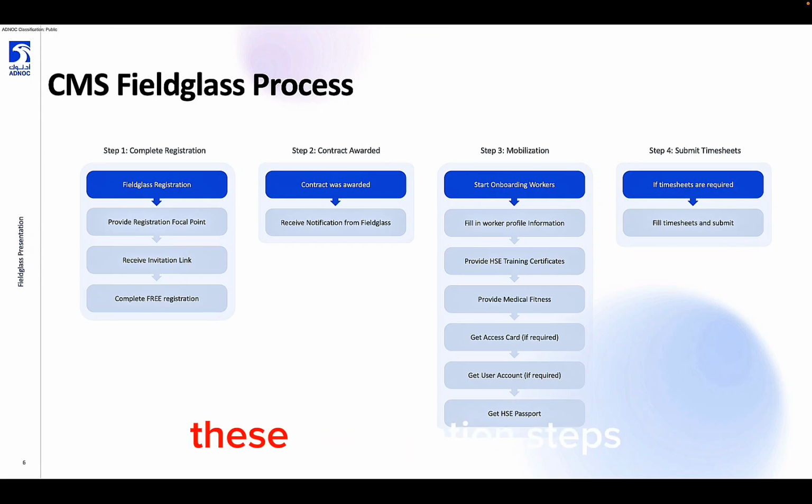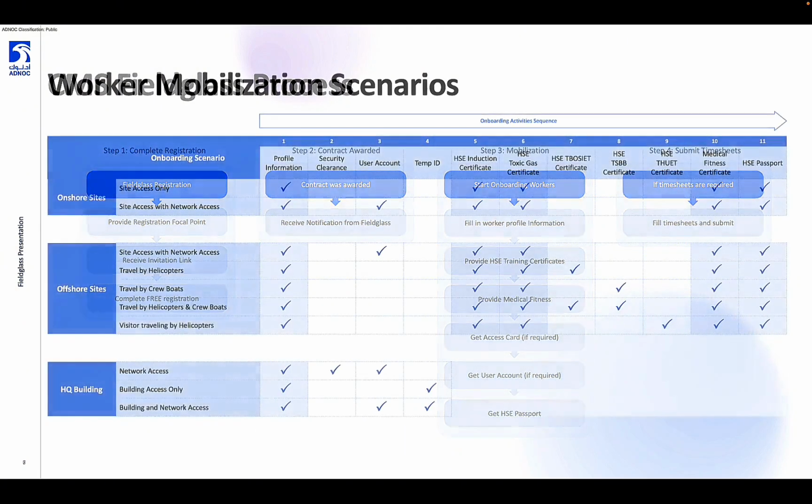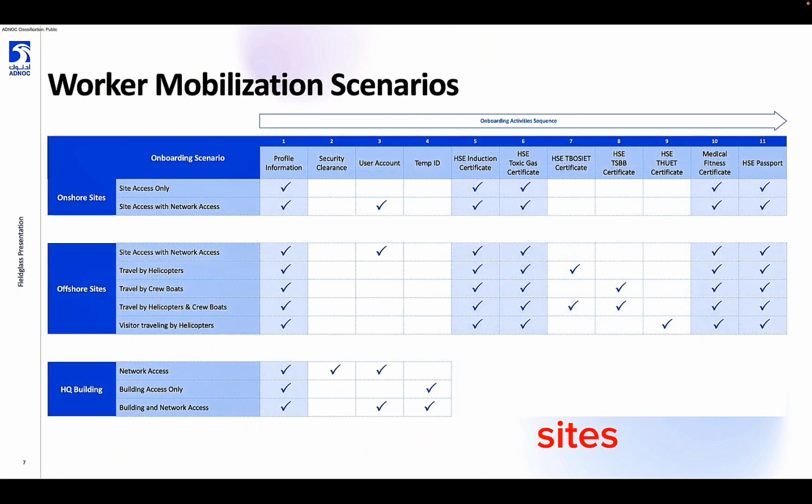As part of these mobilization steps that are required for each contractor, these steps are driven based on the scenario that is relevant for the individual. Where a worker is accessing onshore sites or offshore sites, there are then further steps that need to be taken around training, certification and medical fitness tests, as you can see on these onboarding scenario sequences.